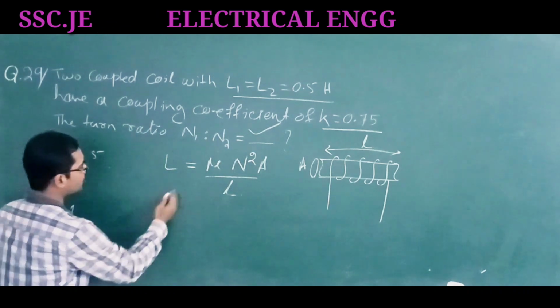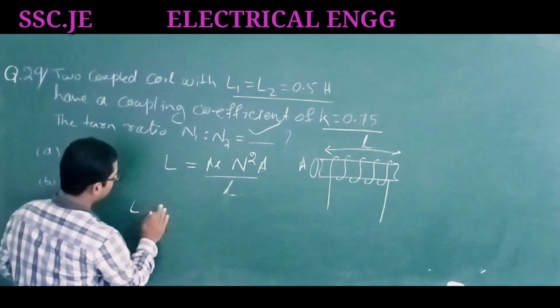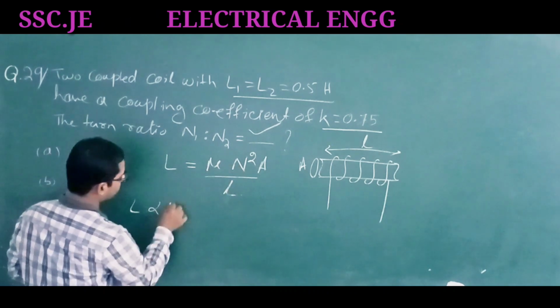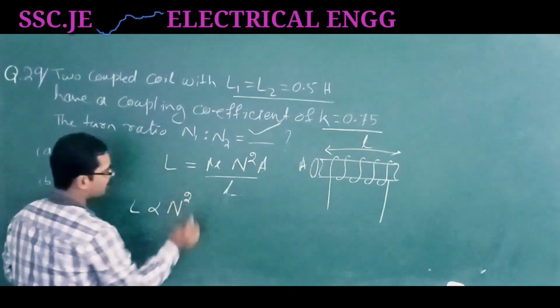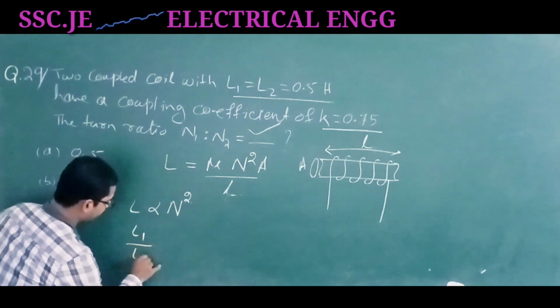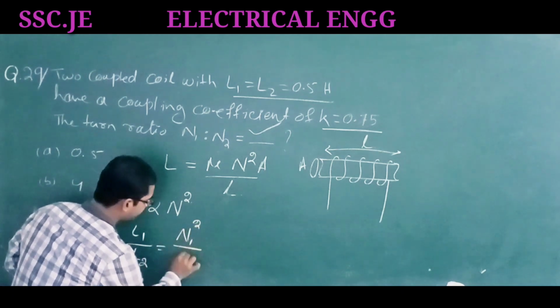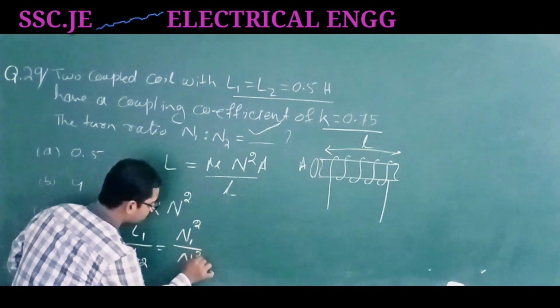So from that formula, L is directly proportional to N square, the number of turns squared. So L1 divided by L2 will be N1 square divided by N2 square.